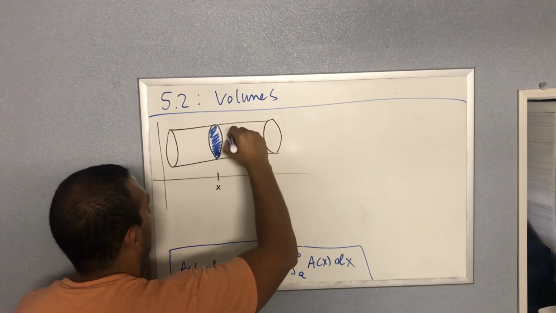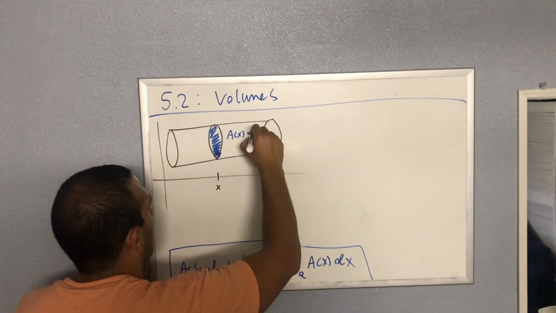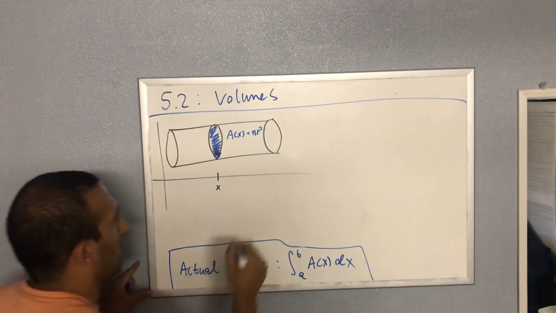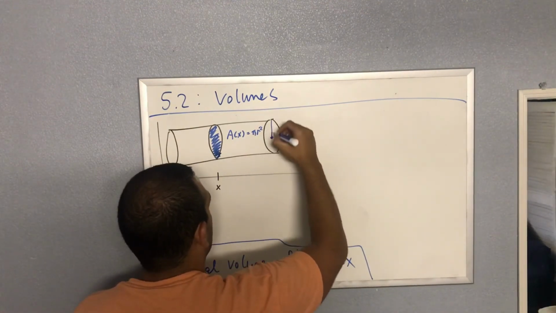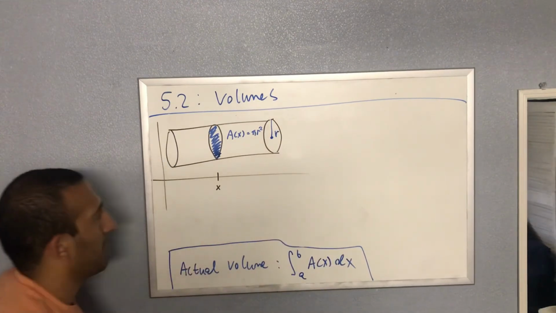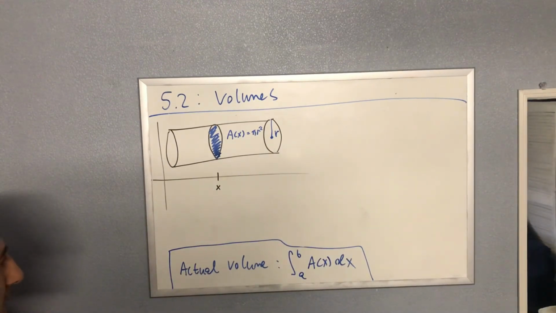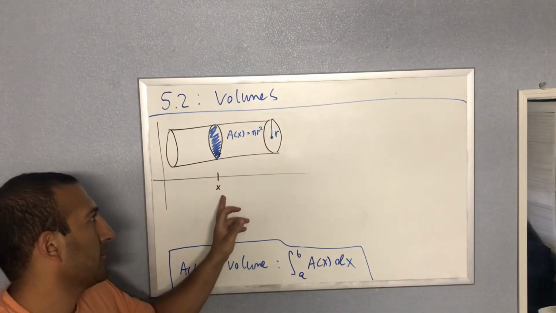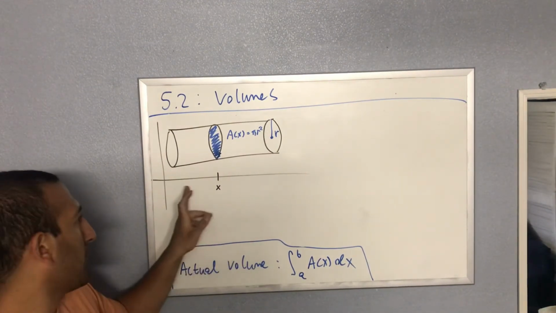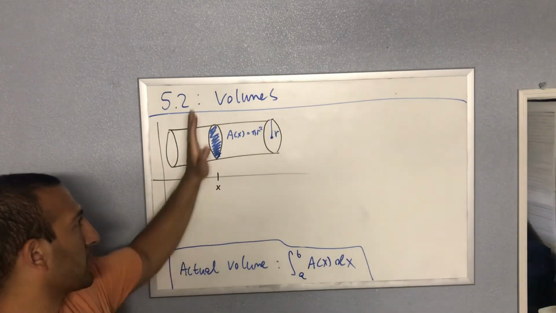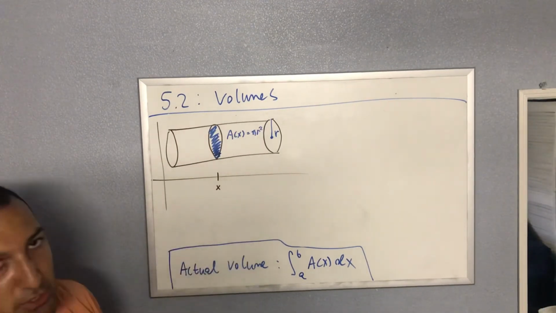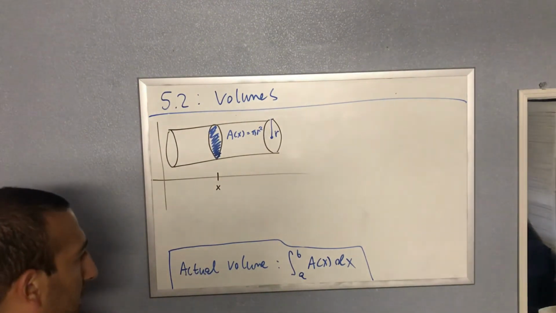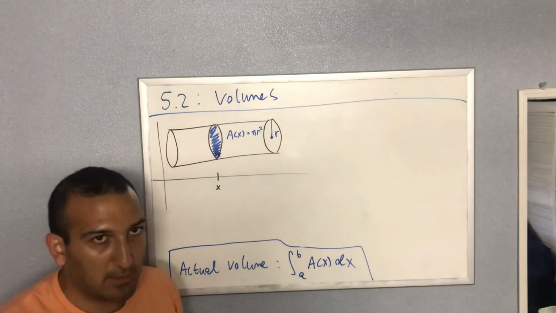The area is pi r squared, where r is the radius of the cylinder. And notice that this does not depend on the choice of x, which is good. No matter what x you pick, the area of the cross section, or what's called the cross sectional area, does not change. And so this goes with our intuition.